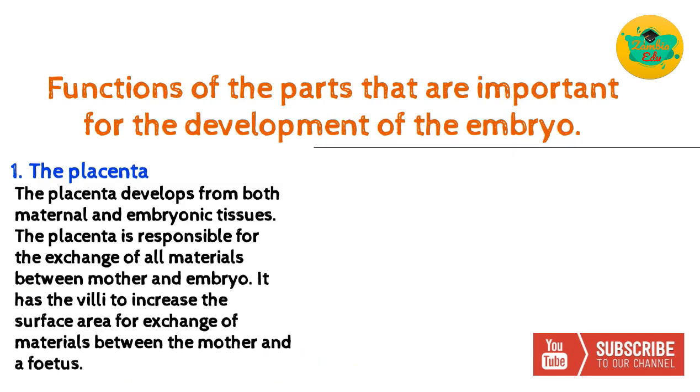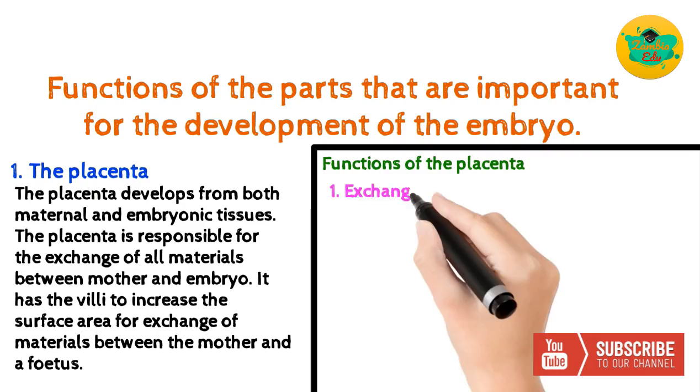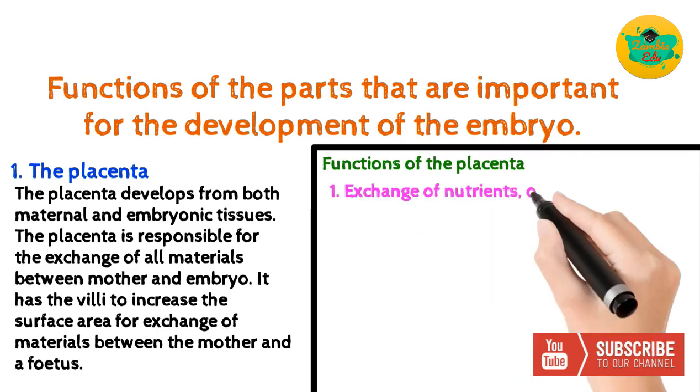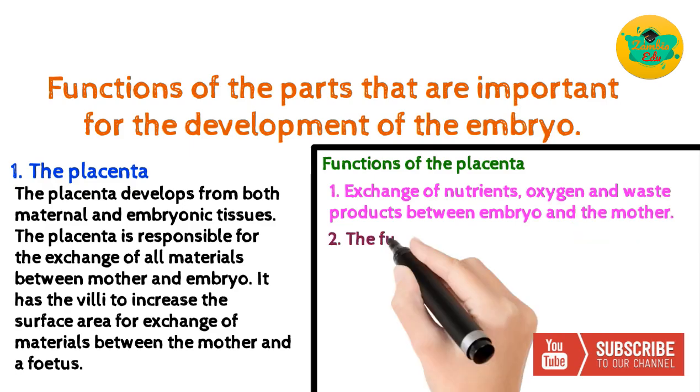However, what are the functions of the placenta? Below I'm going to give you 4 functions that the placenta performs. Number 1, exchange of nutrients, oxygen, and waste products between the embryo and the mother.